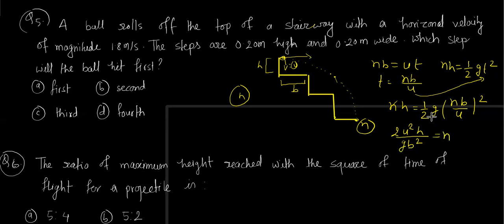So this is our expression. 2 will multiply here, u square will multiply here, so 2 u square h by g b square is equal to n.